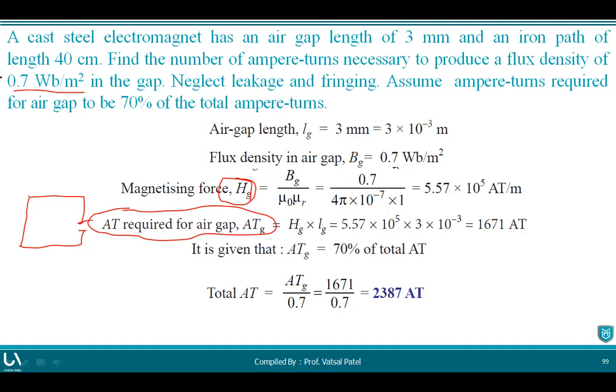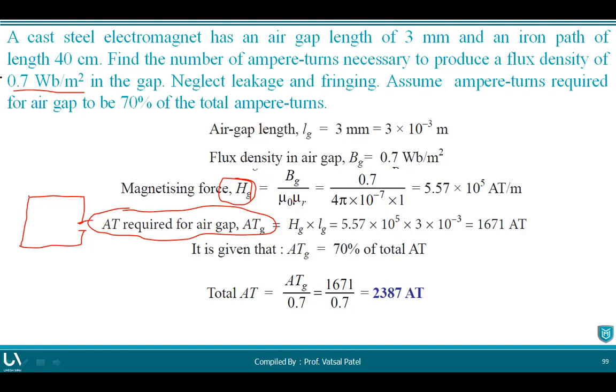Now, if you read the last sentence carefully, it is mentioned that the ampere turn required for the air gap is 70% of the total ampere turn, and the question asks for the total ampere turn.